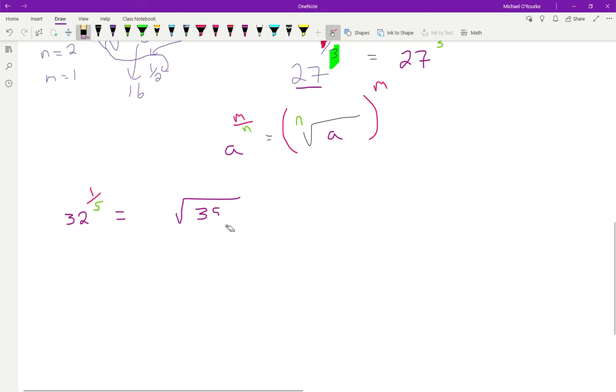Oh my gosh, my mind is elsewhere. 32, okay. The number that's down here becomes the root, and the number that's on top becomes the power. Now, if it's a 1 there, we don't have to write this part here. We can just leave it. Okay, let's do one more here.